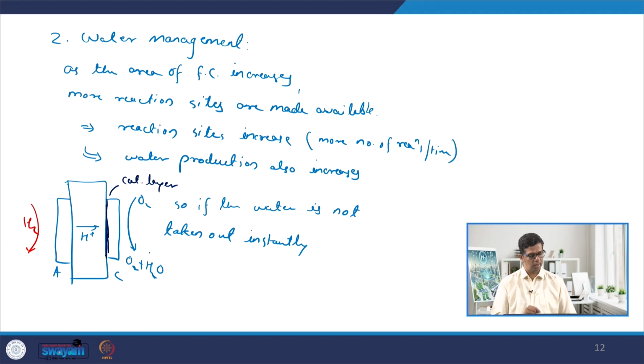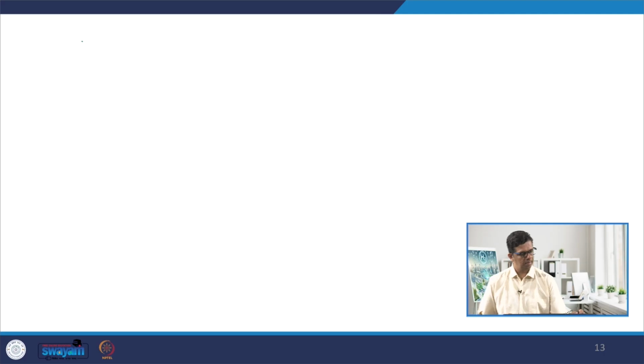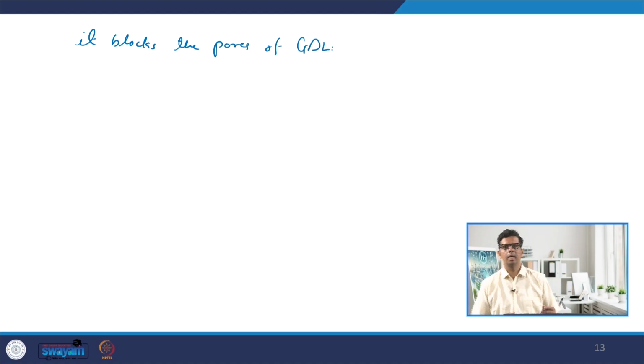So, this water which gets produced at the catalyst layer, if it is not taken out instantly, what happens is it blocks the pores of GDL. In other words, the water gets stuck at the catalyst layer and in the diffusion layer.